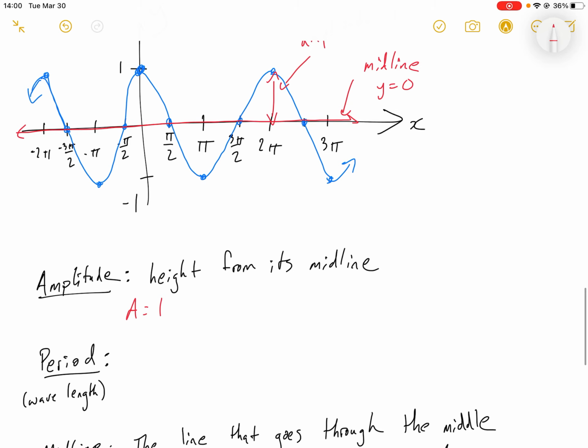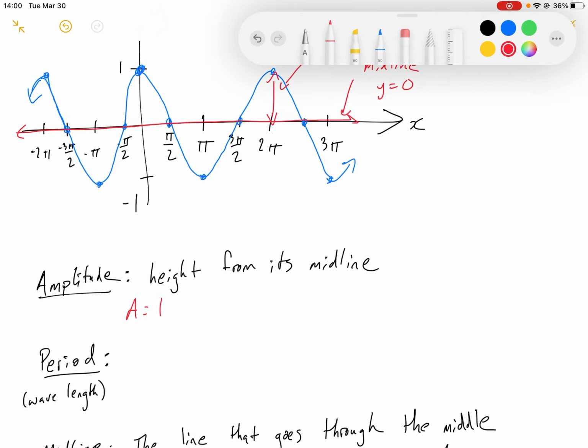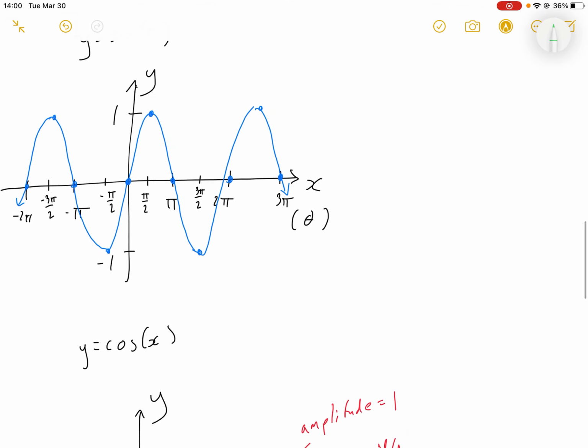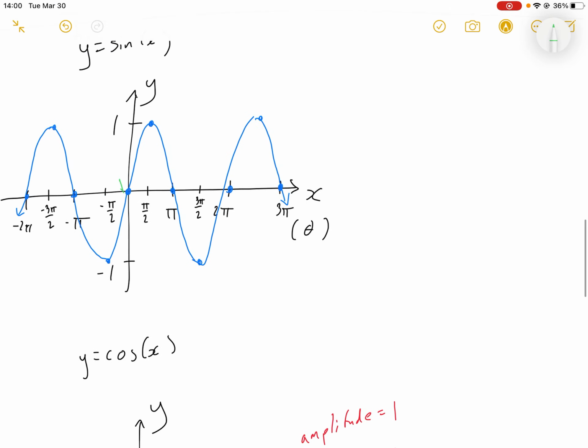Okay, now the period or the wavelength is the measure from one point to its repeating point, or basically coterminal angles apart. So in this graph here, let's go up to sine and do this with sine. If I start right here, I would go up, I come back down, come back around again, and I end up here.